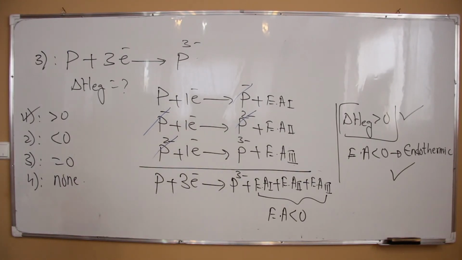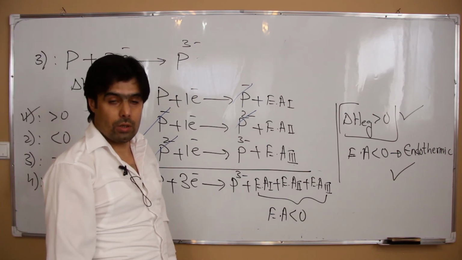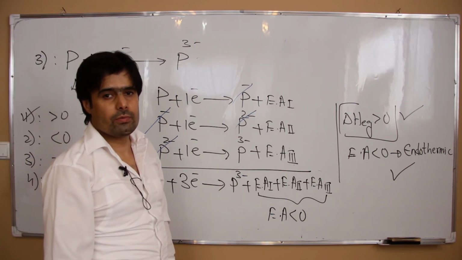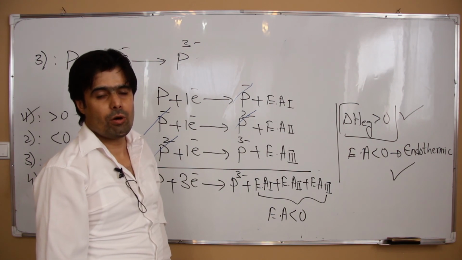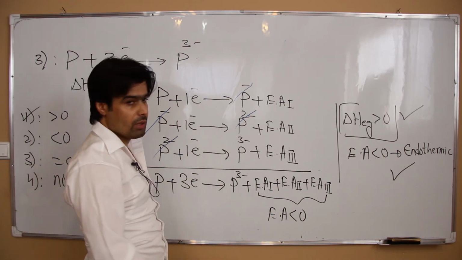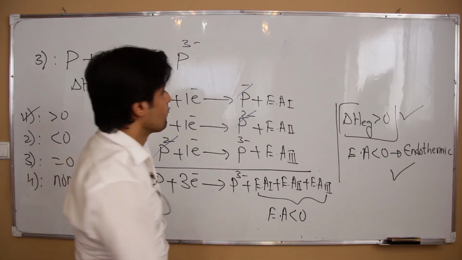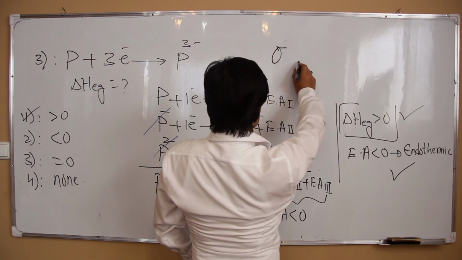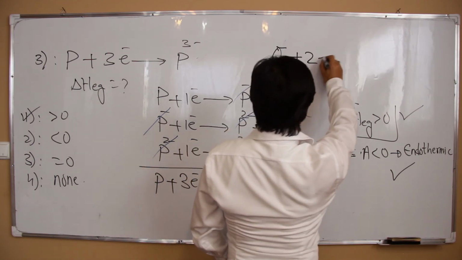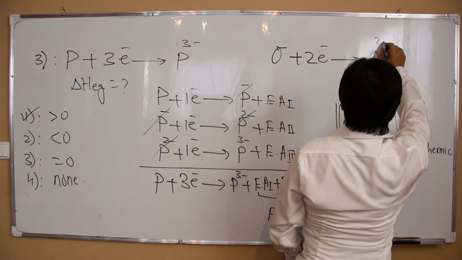By the way, I will write a question. You can solve it on your own. If you solved it, then please comment the answer with the link below, I mean the link where you are watching this video. Oxygen plus 2 electrons, this is O2 negative.